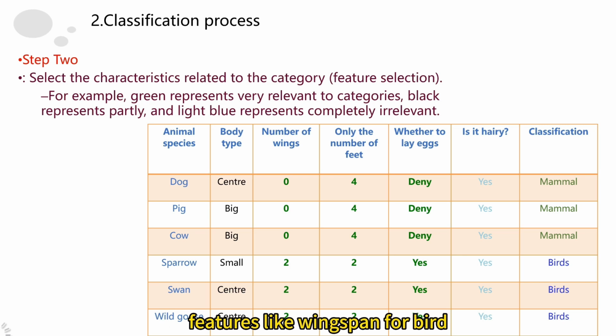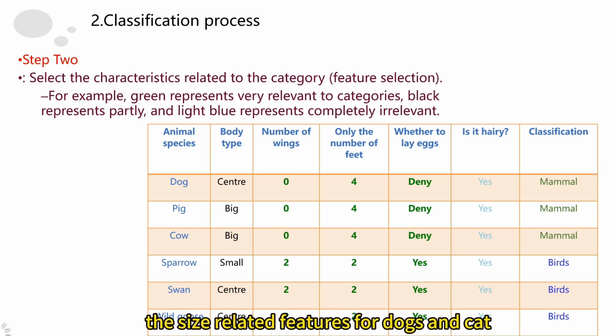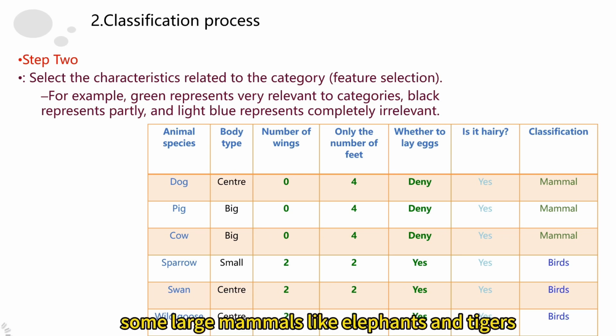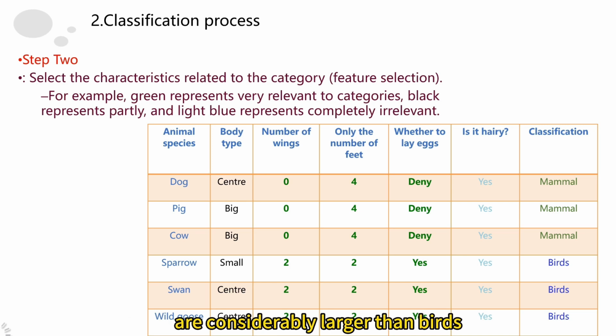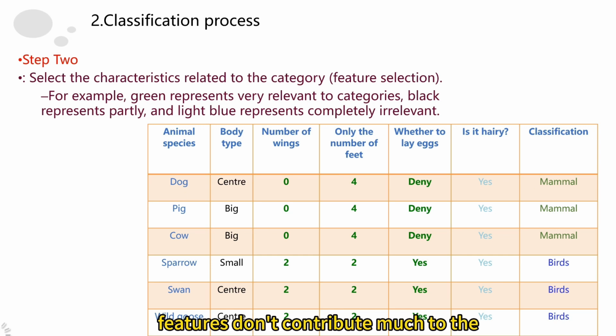Features like wingspan for birds and the size for mammals are much more informative than some of the size-related features for dogs and cats. Some large mammals like elephants and tigers are considerably larger than birds, so these size-related features don't contribute much to the classification task.